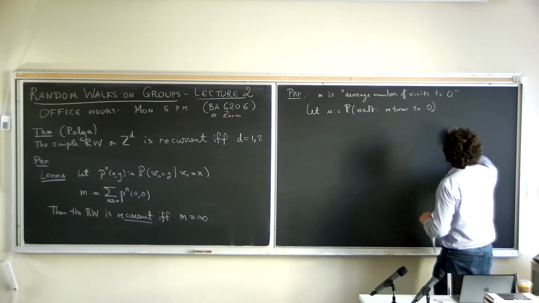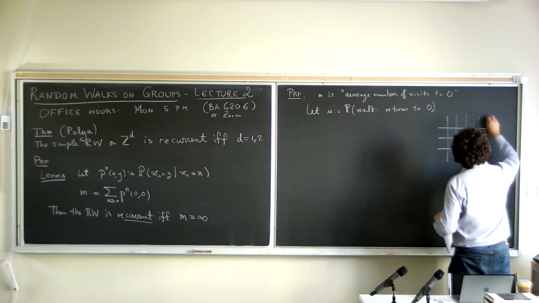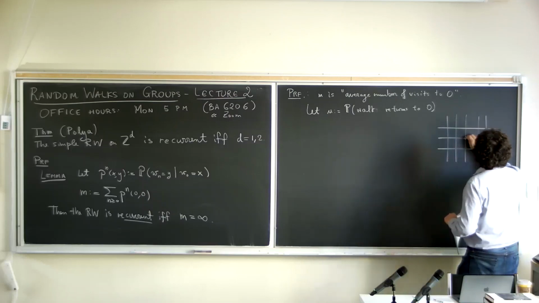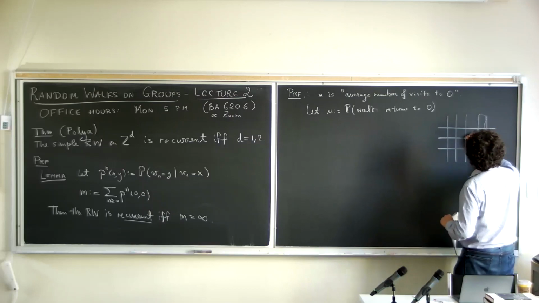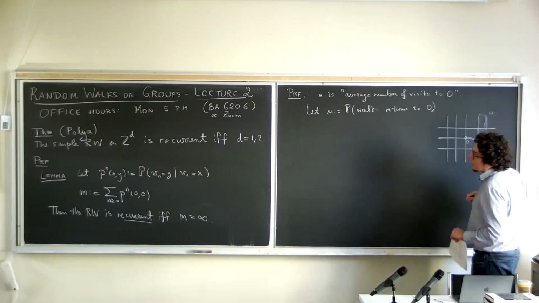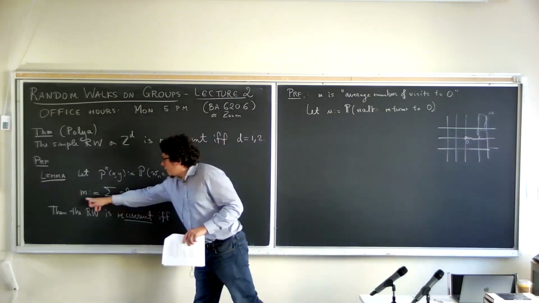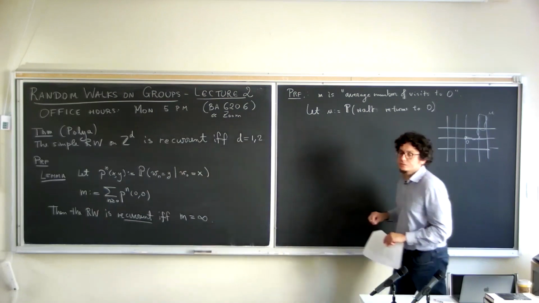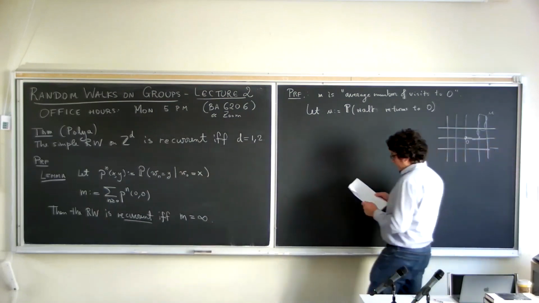You have your walk on the grid, and you take whatever the path is, but either it returns to 0 or not. So let's call the probability that the walk returns to 0, u. And then it's an exercise to write M as a function of u. So let's see why.